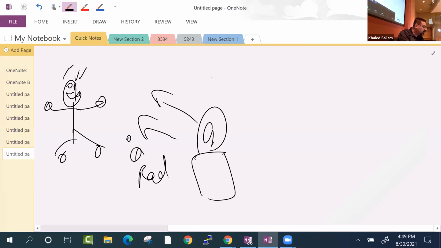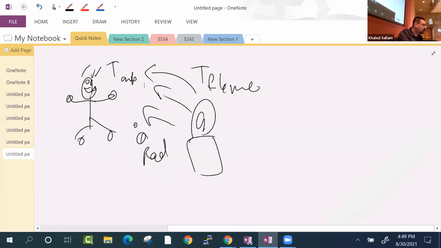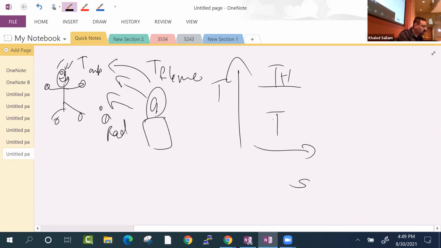But this happens because this T flame is higher than this. So the heat will go from hot to cold all the time, easily. In the TS diagram, anytime you have T high and T low, the heat will come from here and drop to here.